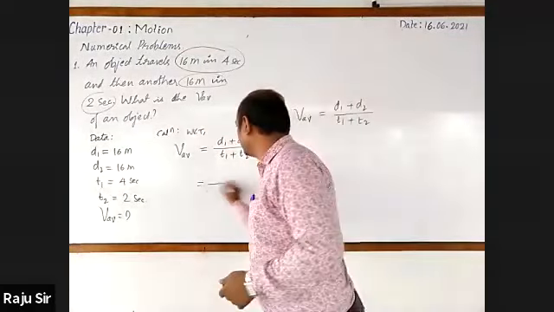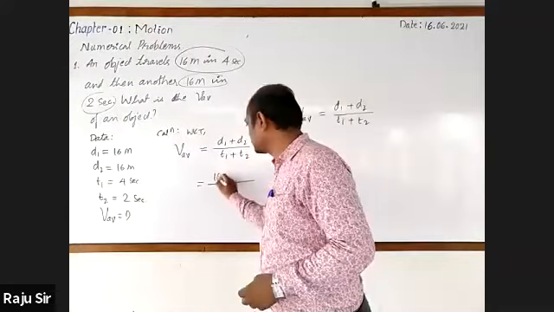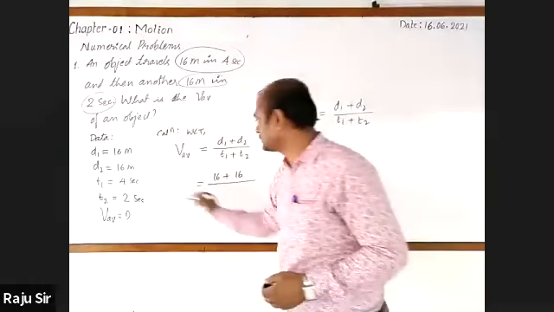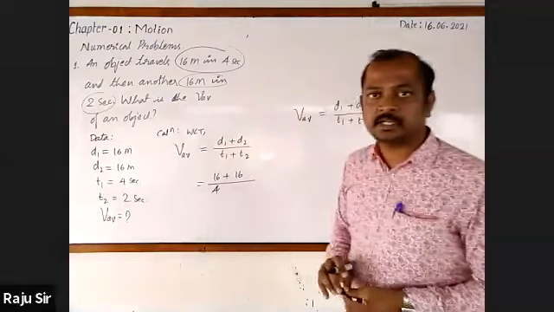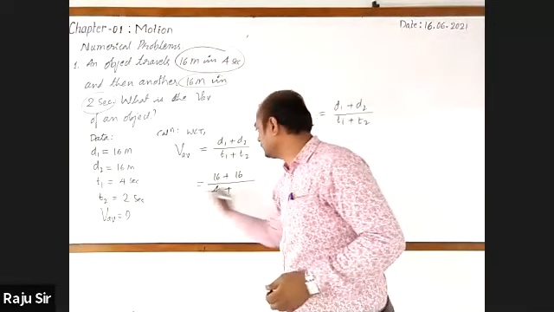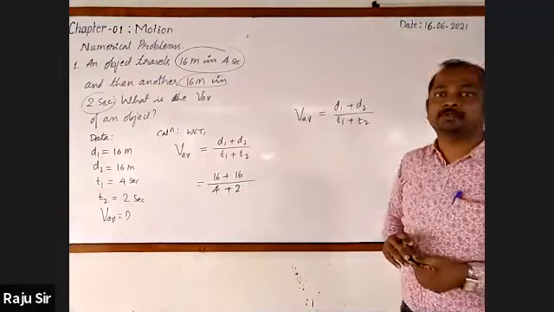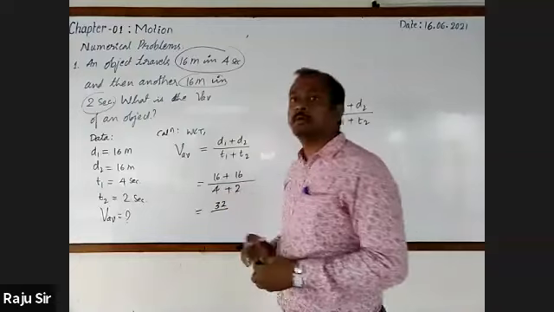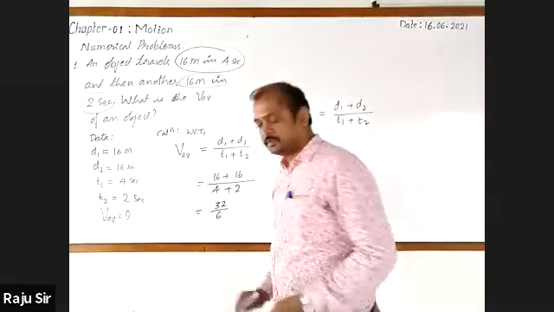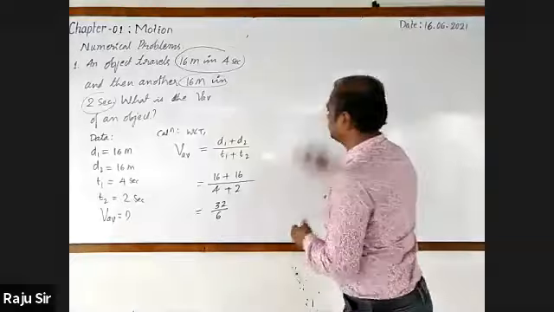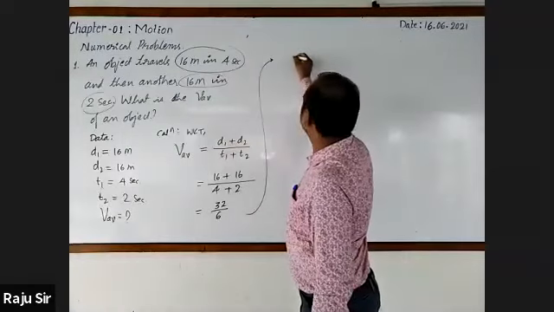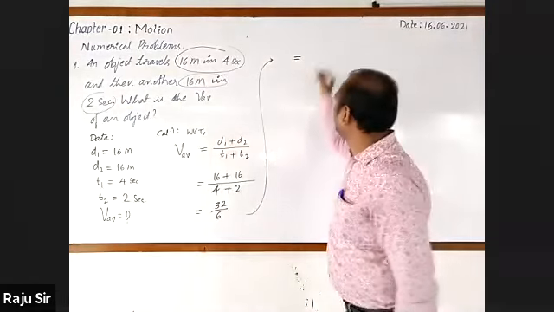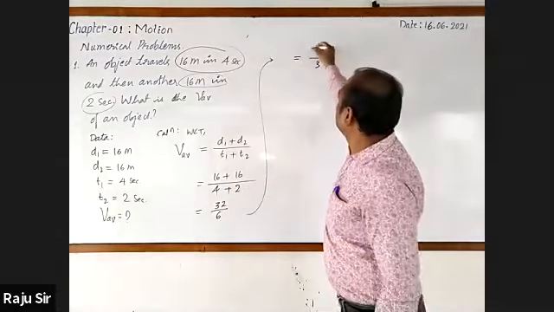This is equal to, where D1 is 16 plus D2 is also 16, by T1 plus T2. In the first case, it has taken 4 seconds. In the second case, it has taken 2 seconds. It is 4 plus 2. This is equal to 16 plus 16, 32, by 4 plus 2, which is 6. You can cancel it by 2. Both are multiples of 2.